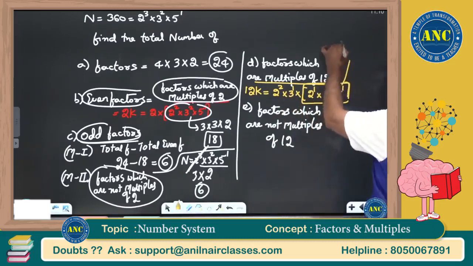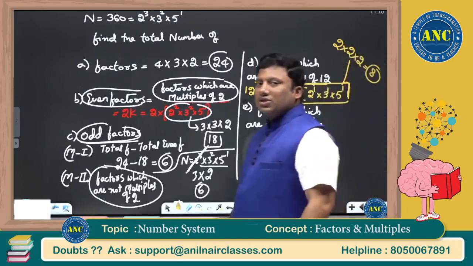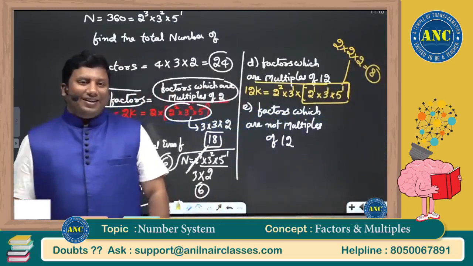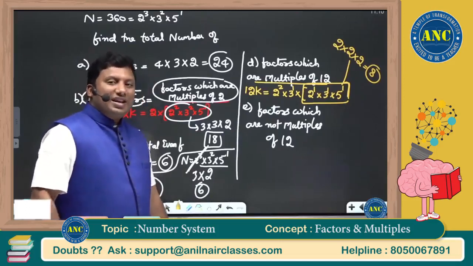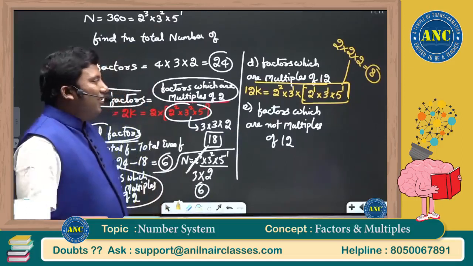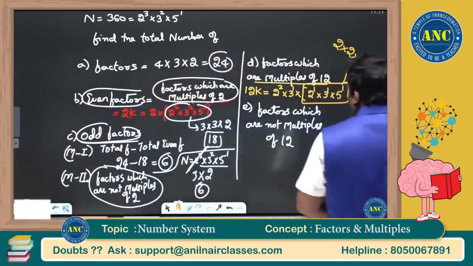So how many factors are there for this number? 2 into 2 into 2. Totally, how many multiples of 12 are there? 8 factors. I hope it is clear. If it is a multiple of 6, write down 6k. If it is a multiple of 12, write down 12k.